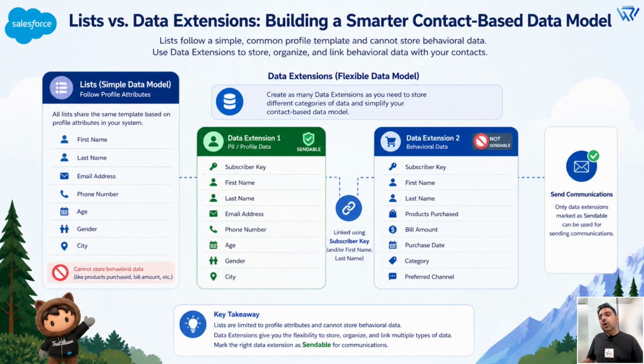So you cannot store behavioral data inside a list, but behaviors can be stored inside a data extension. You can create as many data extensions as you need to simplify your contact-based data model. You can store multiple different categories of data, and the data extension you use for sending communications can be marked as sendable, while the others remain non-sendable data extensions, which will continue to contain behavioral data.